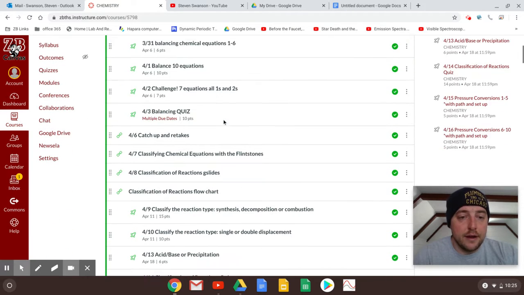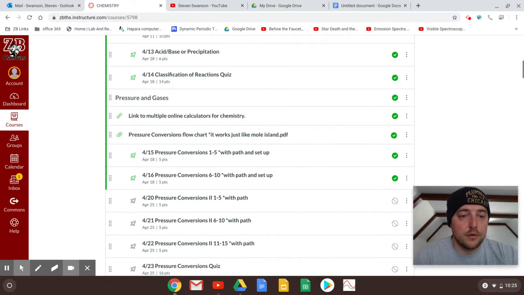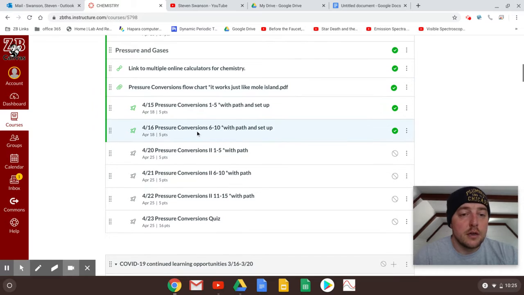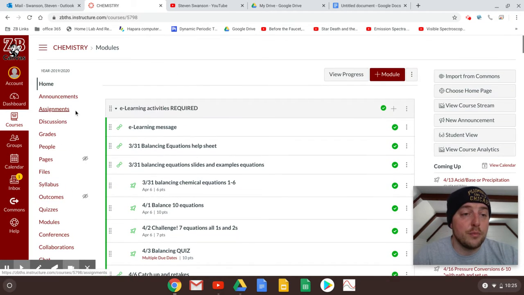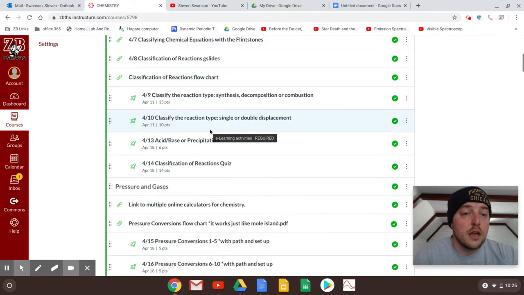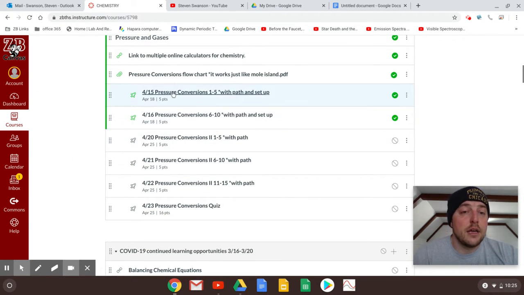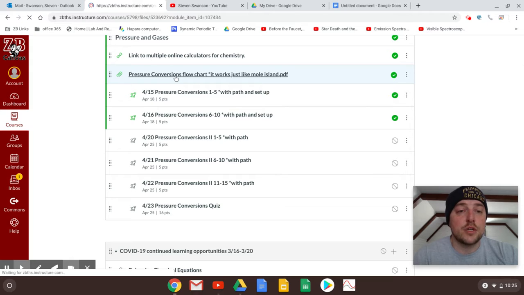Now what we're going to do is go through 4.16 pressure conversions, 6 through 10 with path and setup. Before you do that, make sure that you take attendance and then go to chemistry. I like to navigate from the home page. I've found it to be much easier. Open up the flowchart page again.